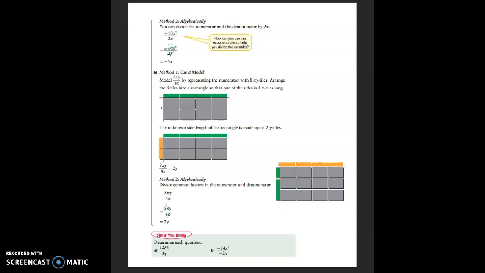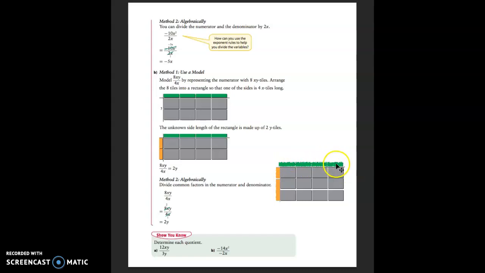My bad. So these should be green tiles, and you should have this as y tiles. So this is what you should have.